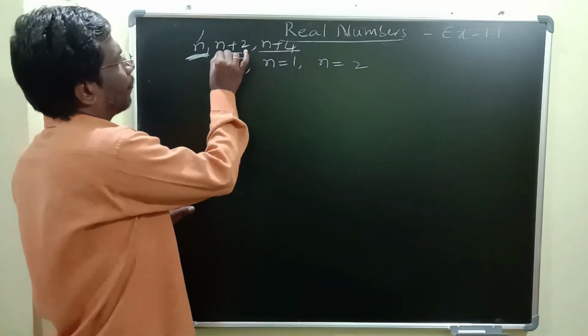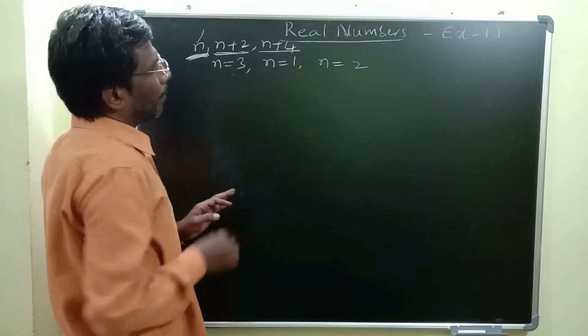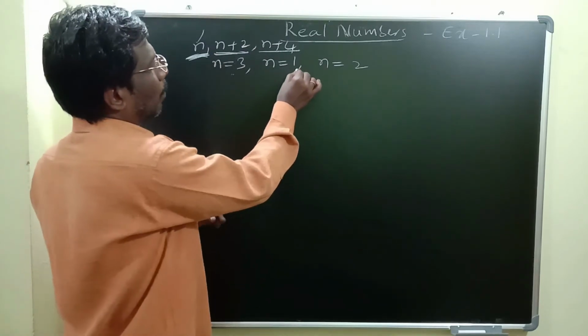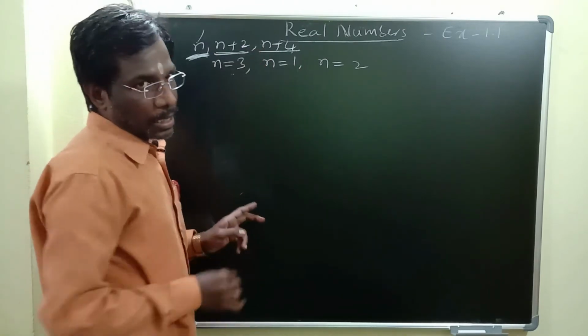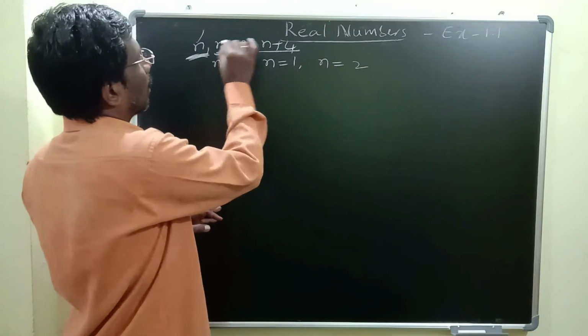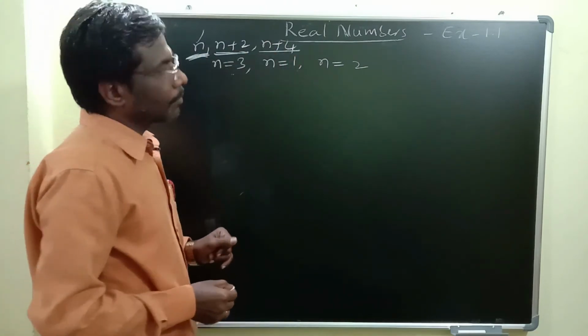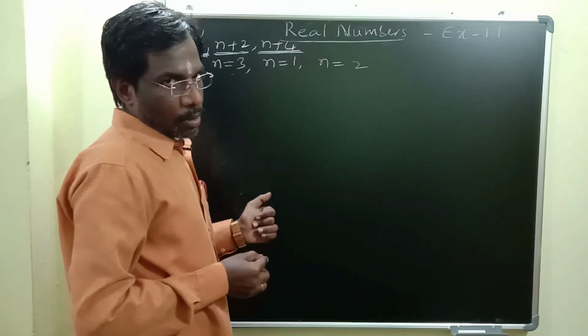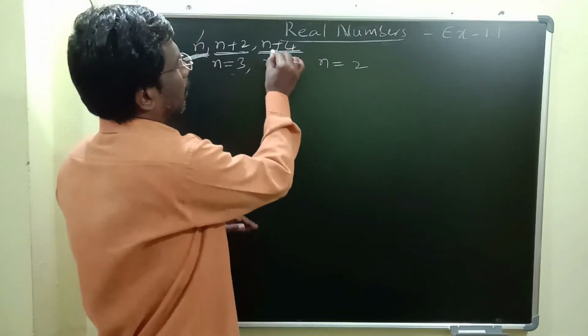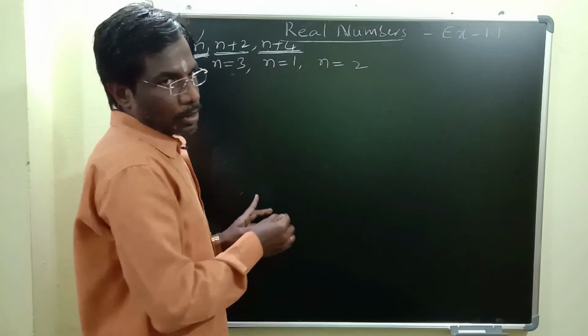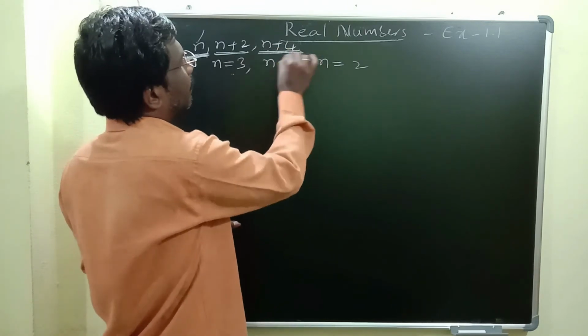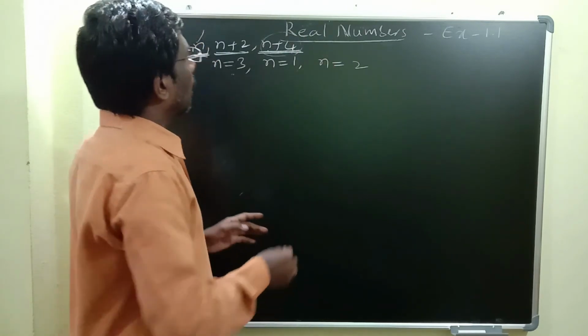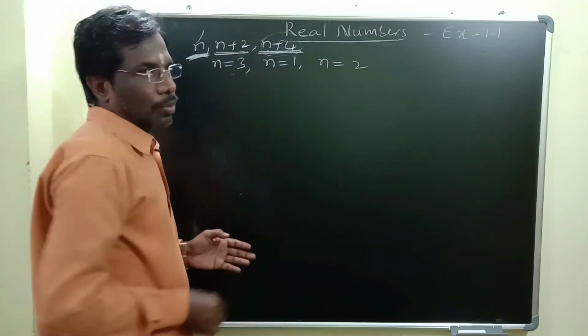Next, if we try to divide the value of n plus 2, take n is equal to 1, then this will be divisible, not the n and n plus 4. Next, if we want to divide n plus 4 with 3, we have to substitute n is equal to 2. Then n plus 4 is divisible by 3, not the n and n plus 2.